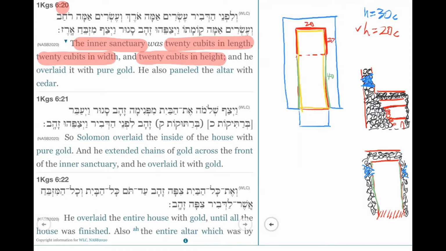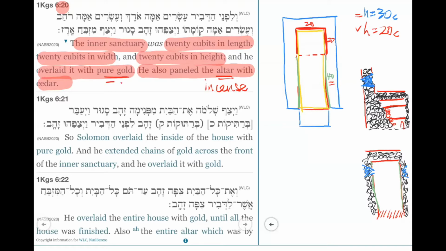And this would be 40 and 30. And so the front part here would be higher than the back part by 10 cubits. And he overlaid it with pure gold. He also paneled the altar with cedar. This altar would be the incense altar.